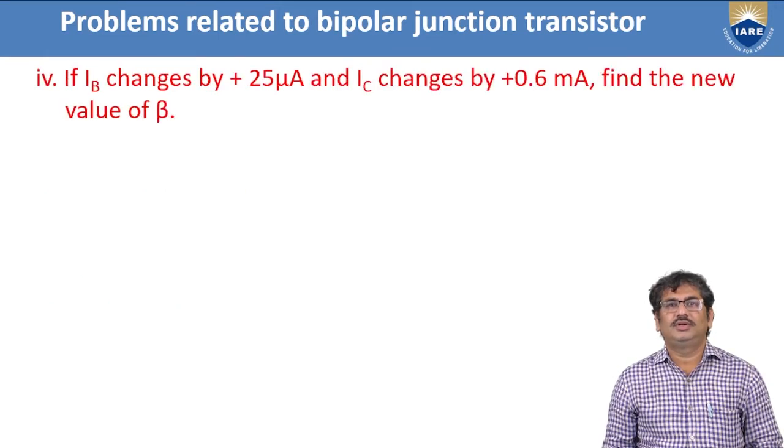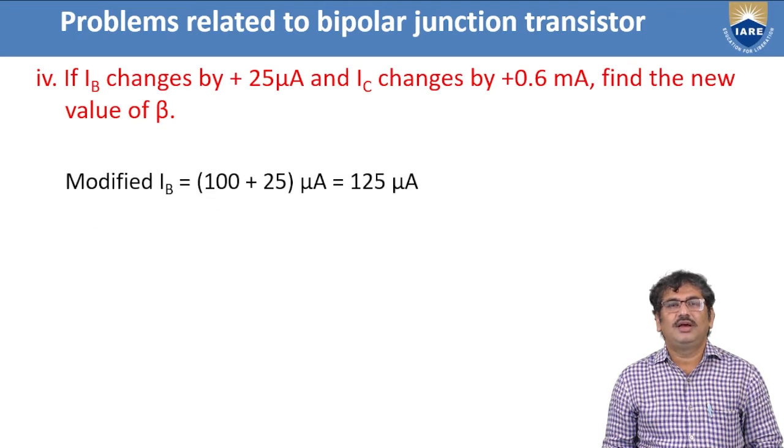The fourth subsection is: if IB changes by 25 microamperes and IC changes by 0.6 milliamperes, we need to estimate the new value of current gain beta. The new IB value after adding 25 microamperes is given as modified IB equivalent to earlier IB, 100 microamperes, to which we add 25 microamperes, which raises it to 125 microamperes.